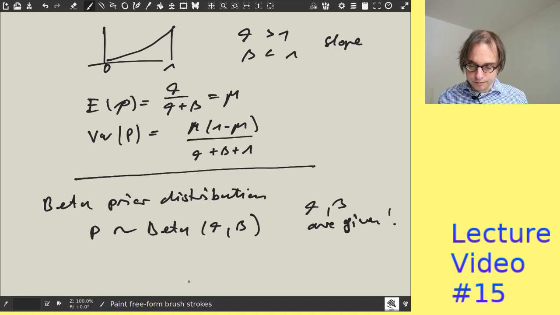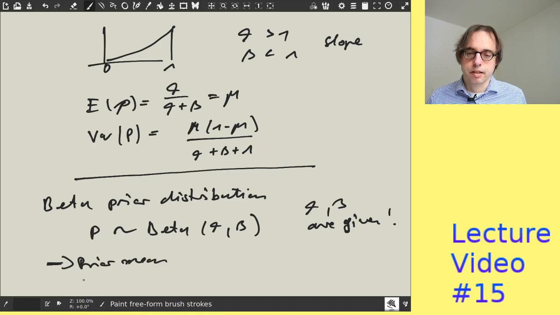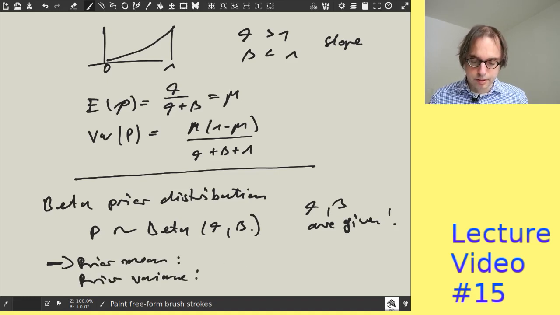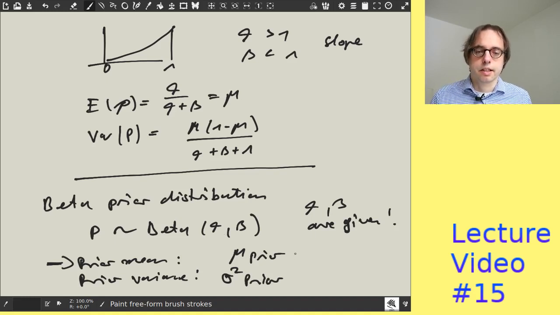Then of course we have a prior mean and prior variance, and of course we can use the prior mean and prior variance. So the prior mean is, of course, call this mu prior, and also sigma squared prior, and the mu prior is of course alpha divided by alpha plus beta.